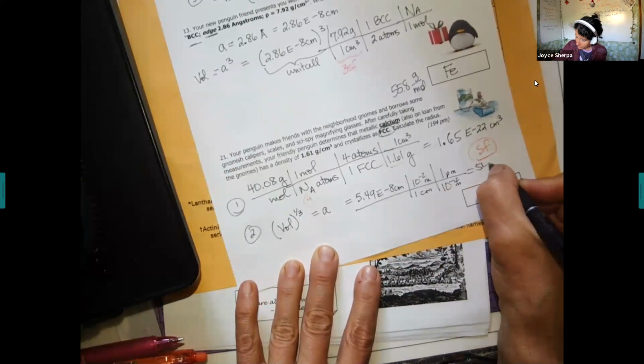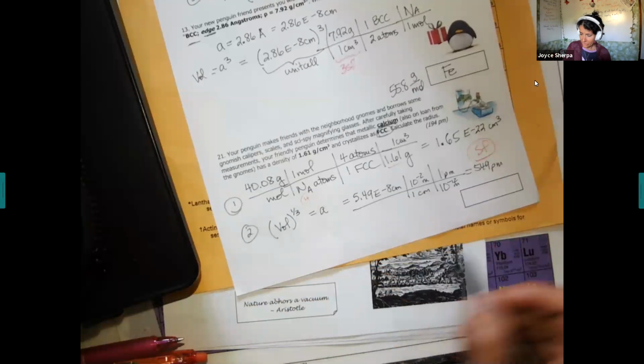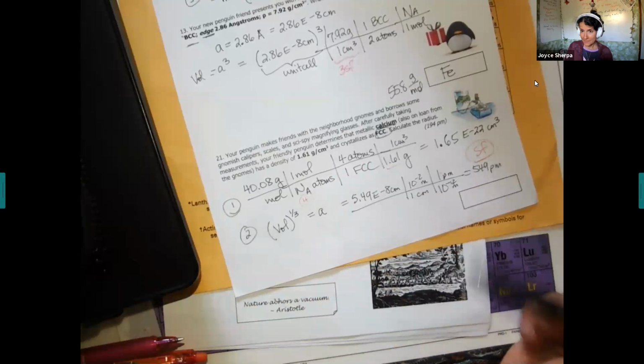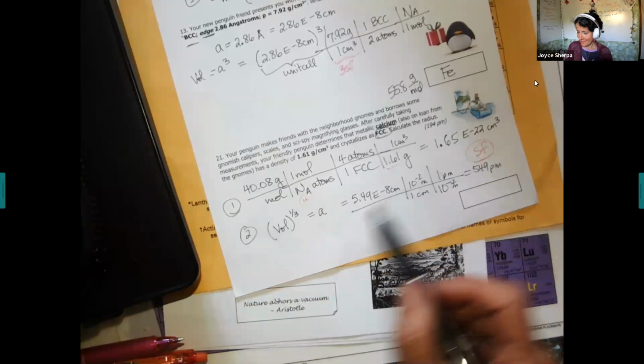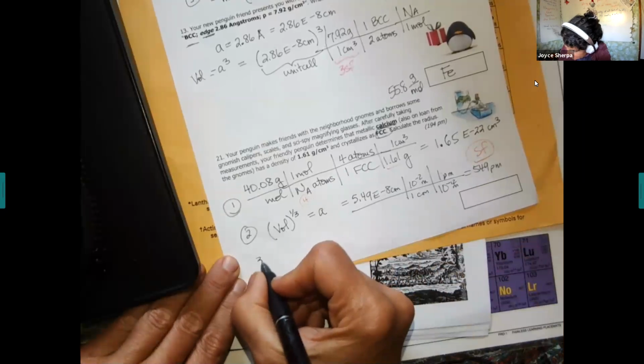So we'll have 549 picometers. Once you get out of the cubic, you can go back to picometers. When you're working in the cubic, you want to be in centimeters.